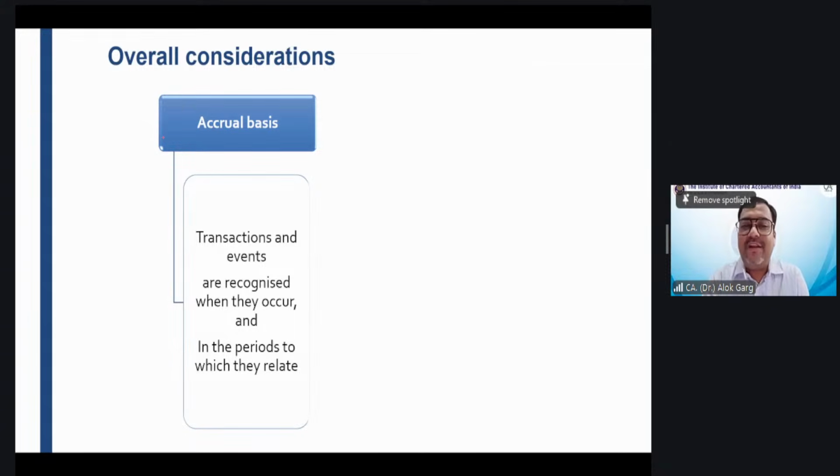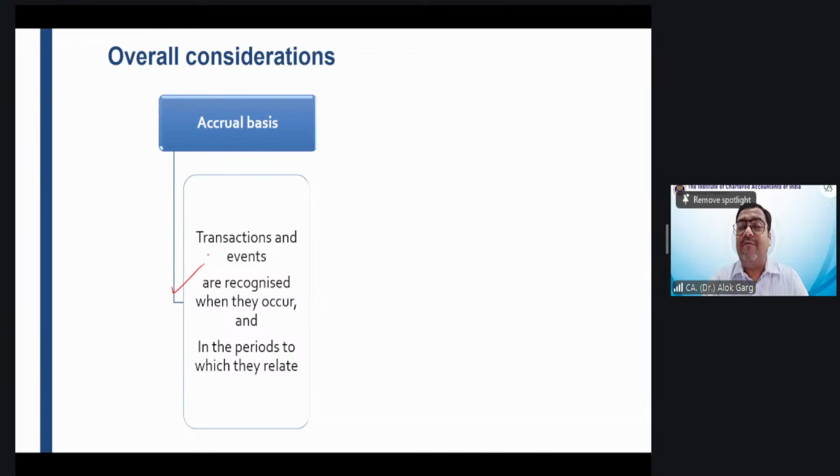Accrual basis means transactions and events are recognized when they occur and in the period to which they relate. For example, the company has made credit sales of 100 crores for the year ended 31st March 2026, and the debtors have paid this 100 crores in the month of May 2026.